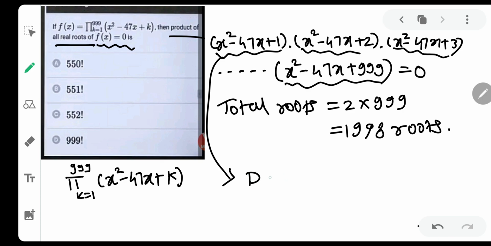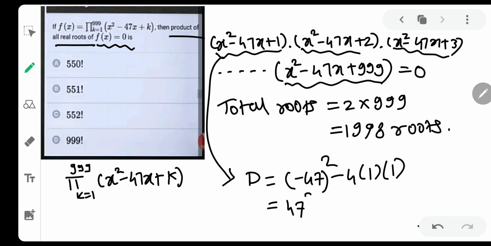The D value is minus 47 the whole square minus 4 into 1 into 1, so it will be 47 square minus 4. I don't need to calculate it; you can see that it is greater than 0.